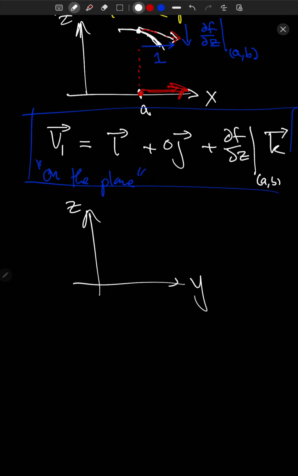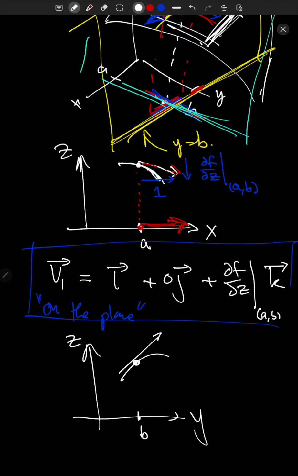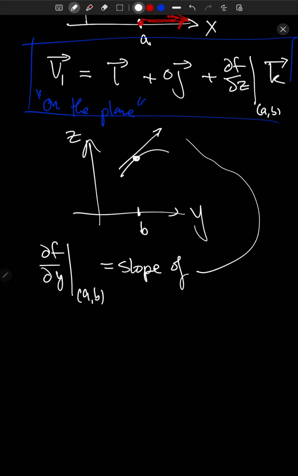Here we're interested in the point y equals b. Let me exaggerate it, make it look different. So let's say the graph of our function looks like this. That is the direction we're looking for, and the slope of that direction is literally df dy at a comma b. So this is the slope of this guy right there.